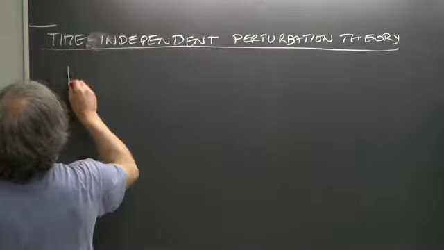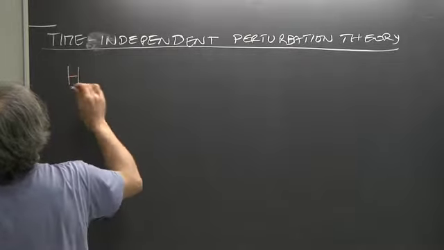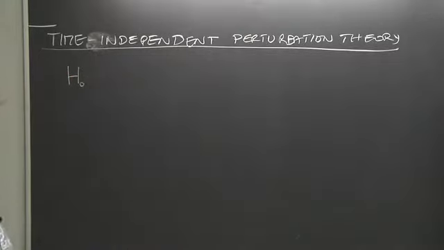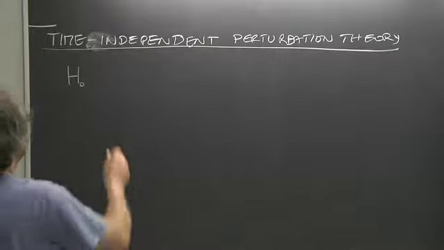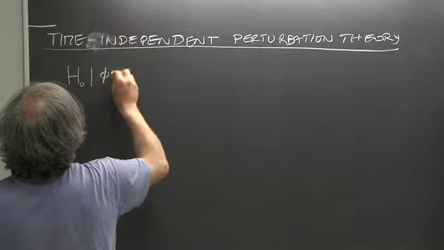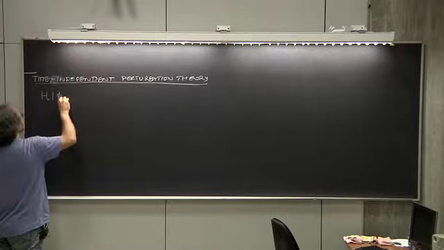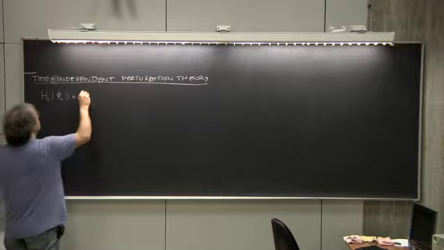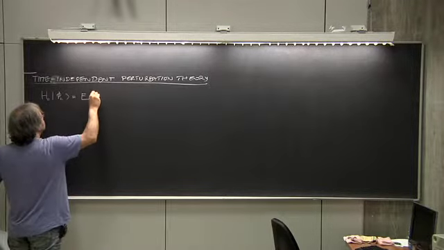So to repeat, suppose that you know how to solve a certain Hamiltonian, which we will call from now on H0. So you know everything. You know, for instance, the eigenstates of this Hamiltonian. You know the eigenvalues.